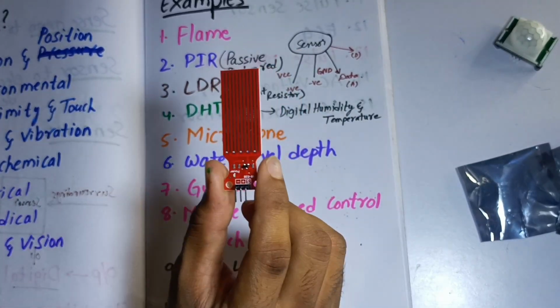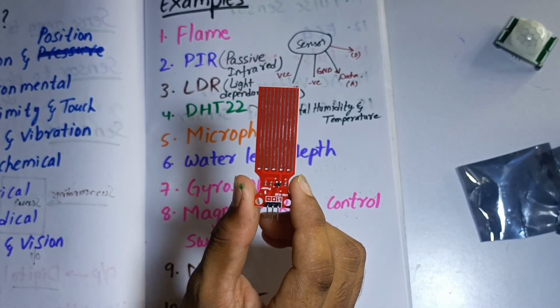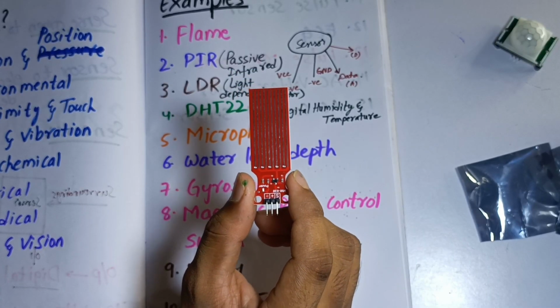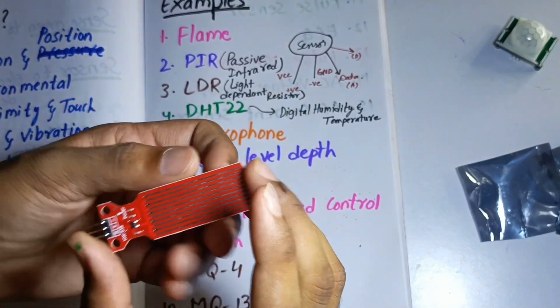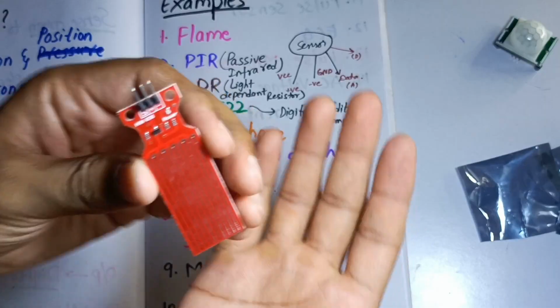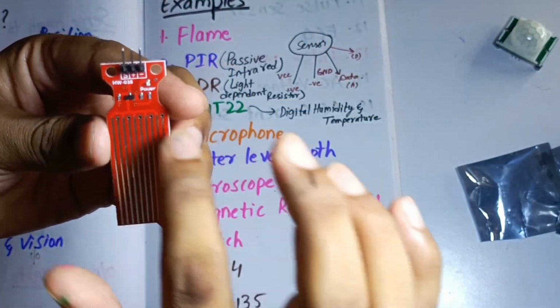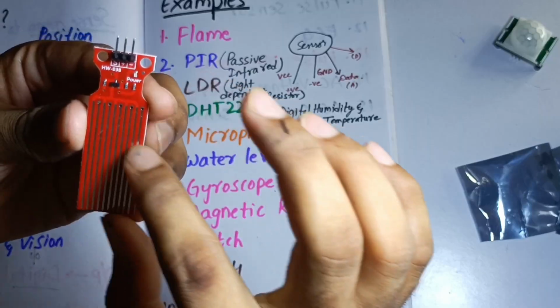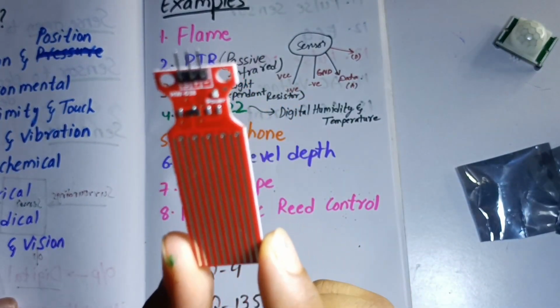If you have a water tank at your home and you want to know what is the level of the water in that tank, then we can use a sensor which is similar to this. It will be placed in your tank and it will give you the readings of what level of water is filled in that tank. That is where we use it, and this is called water level depth sensor.